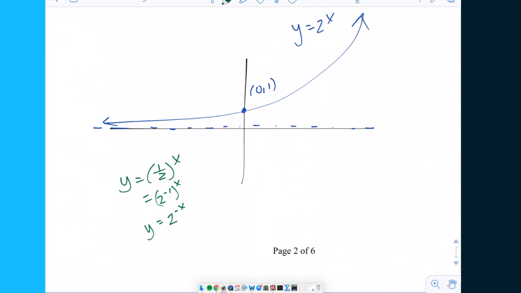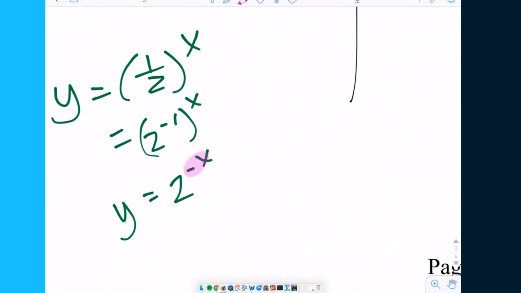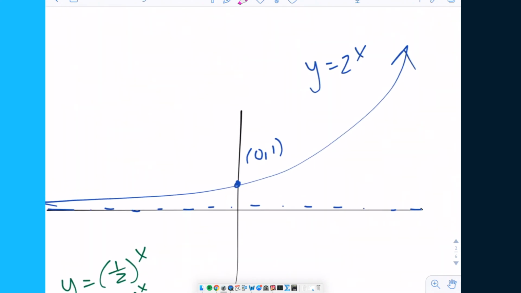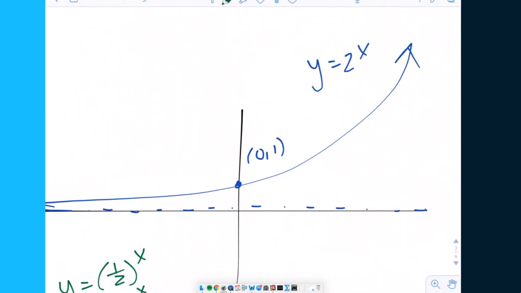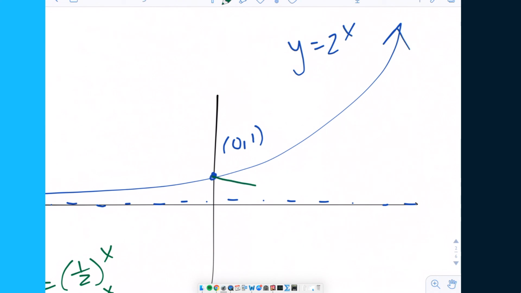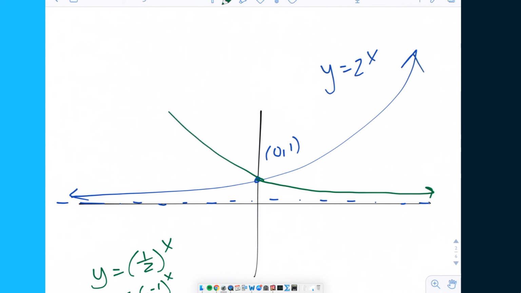Nolan, how would we generate the graph of 2 to the negative x from 2 to the positive x? What does multiplying x by a negative do to any graph? The y-axis. Good. Yeah, we just mentioned that. So if you were to reflect that across the y-axis, it would decay now at the same rate it was growing on the other side, or decaying on the other side.